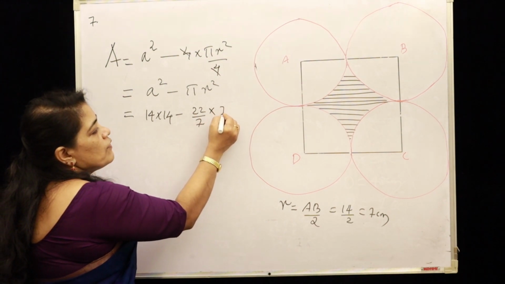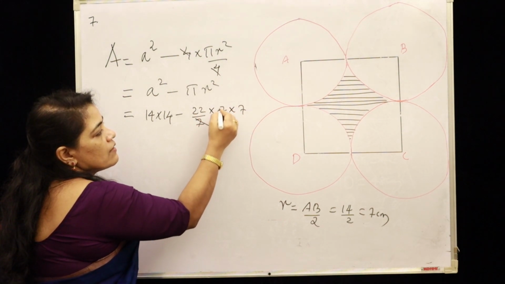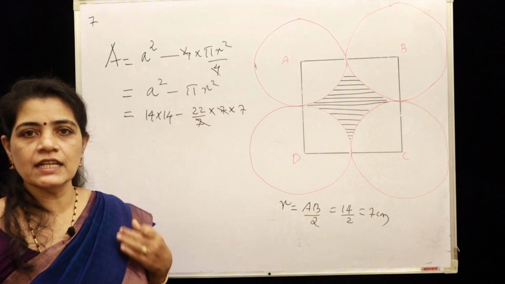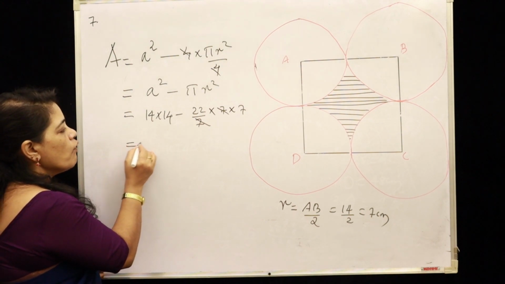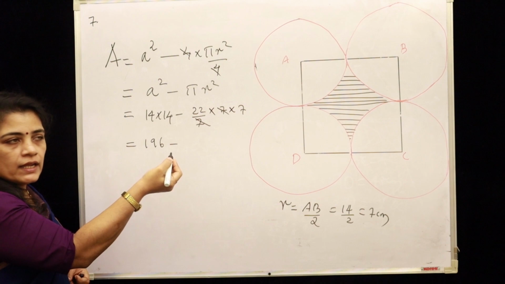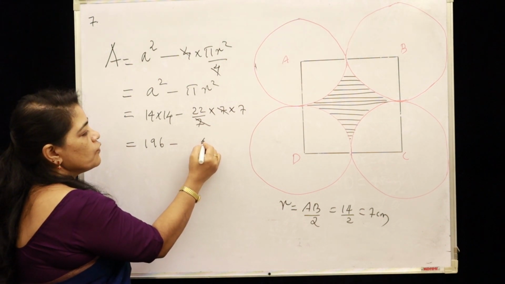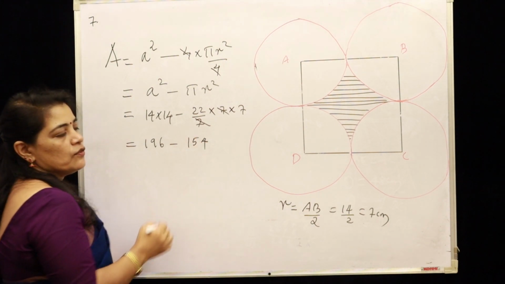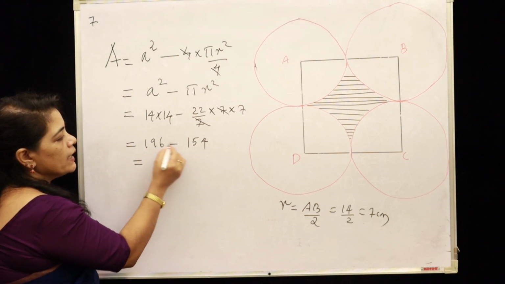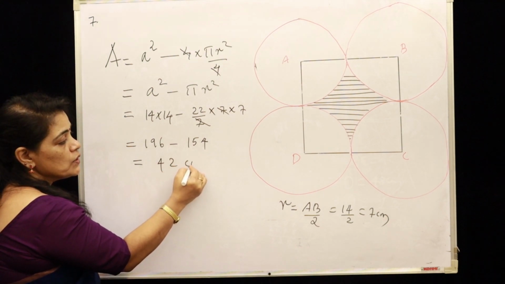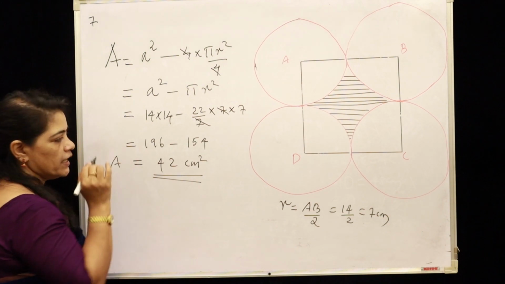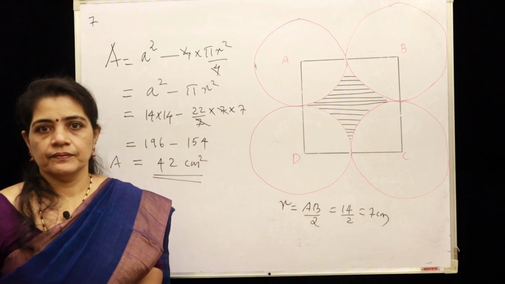So 7 into 7, the 7 gets cancelled, and 14 into 14, the square of 14 is 196. 196 minus 7 and 1 7 gets cancelled with the denominator. So 7 2s are 14, 1 carry, 154. Subtracting, you will get 42 centimeter square. This is the area of the shaded region.